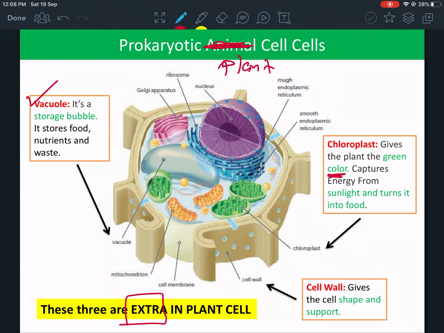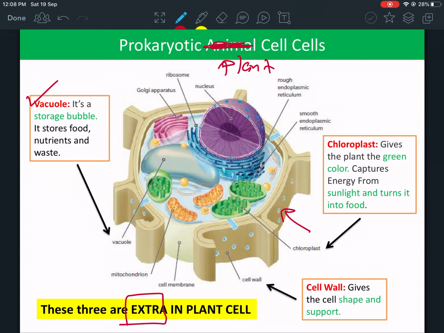Okay? They give the plant the green color, but they also capture energy from the sun to make food for the plant. Now, you as a human being or animals, they actually eat food in order to grow and have energy. So we eat food, animals eat food, but plants, they don't eat food.